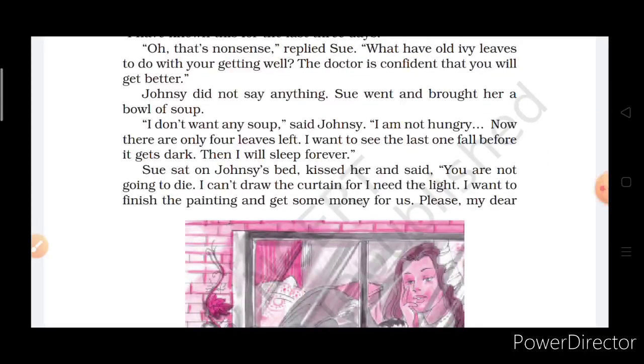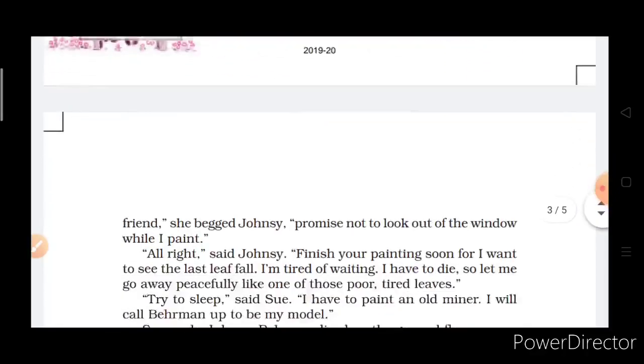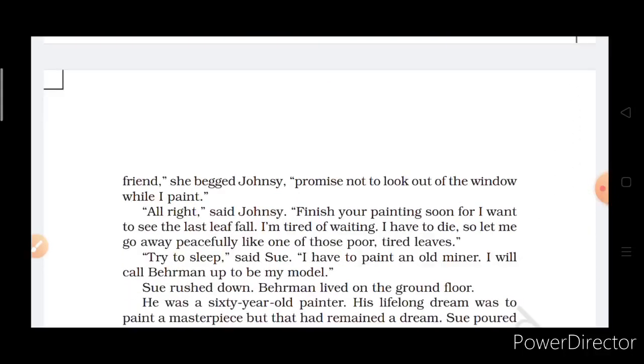Sue sits on Johnsy's bed, kisses her and tells Johnsy, "You are not going to die. At the same time, I cannot close the curtain because I need the light to do my painting. Then only we can get some money for us. Please, my dear Johnsy, don't look out of the window when I am doing my painting work."